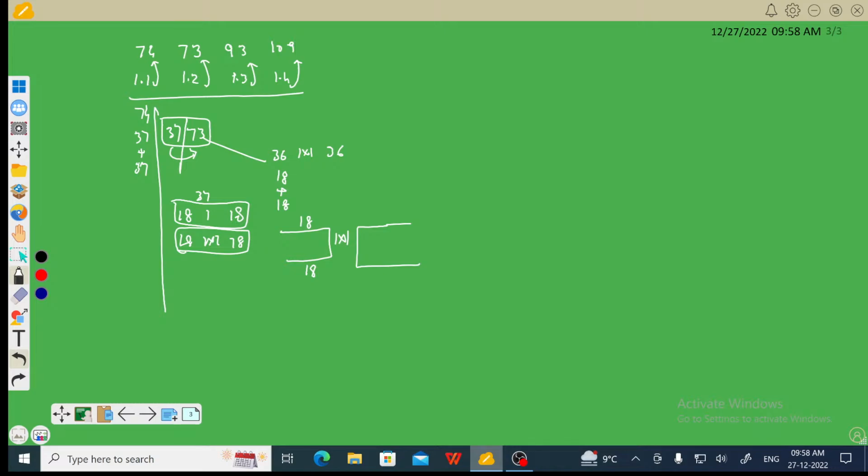So 1 and 2 gap is 1. So when we are up till 37, the gap will be 36. When we'll be up till 74, the gap will be 73. So the first pada is 74 and the second pada as 73 is a gap.